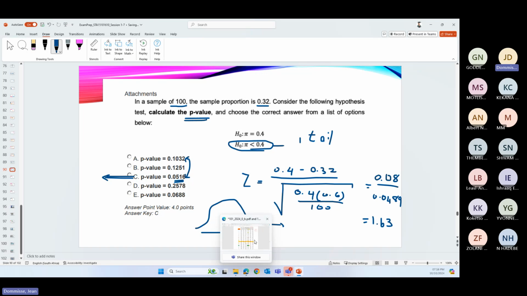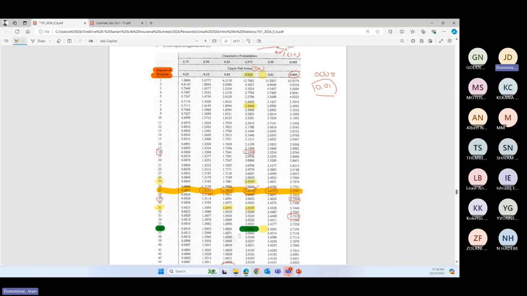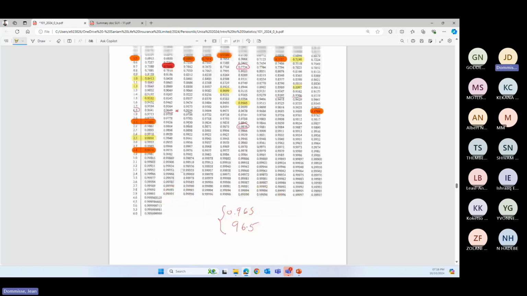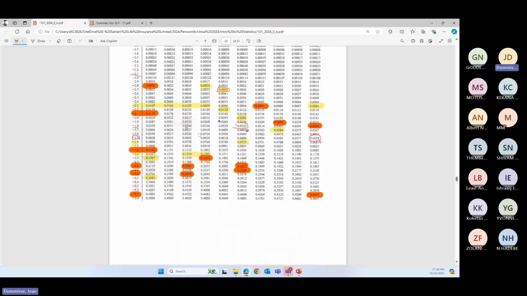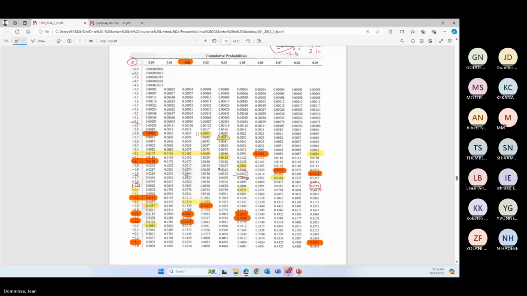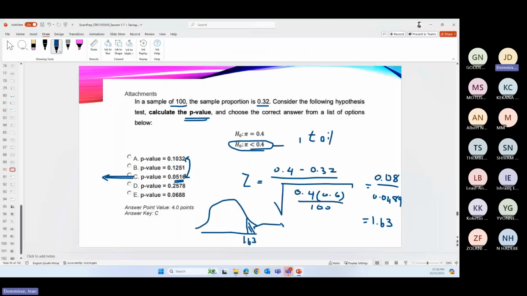Negative 1.63, 1.6, 3, 0.0516. That is the one that we are looking for.